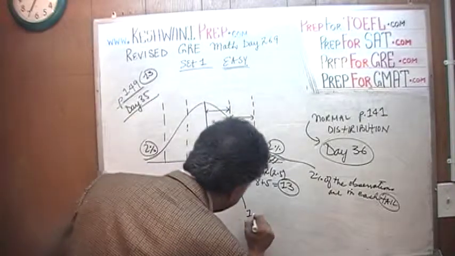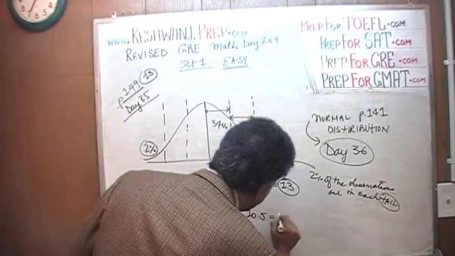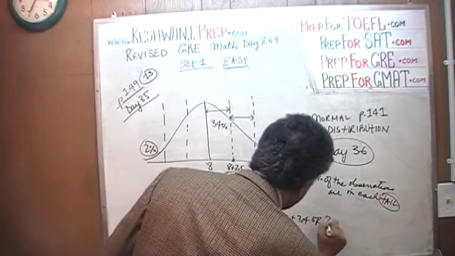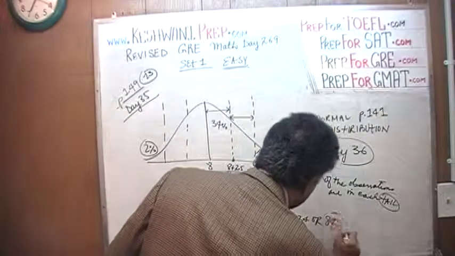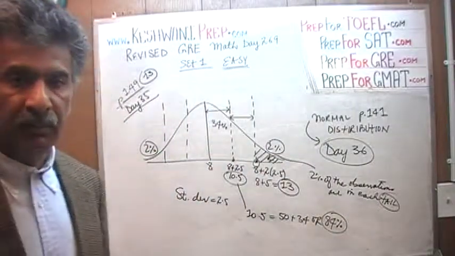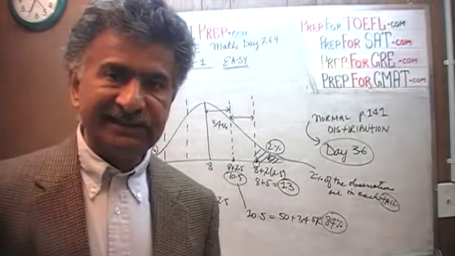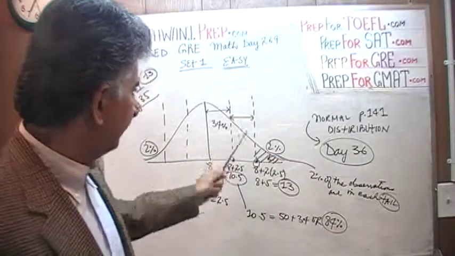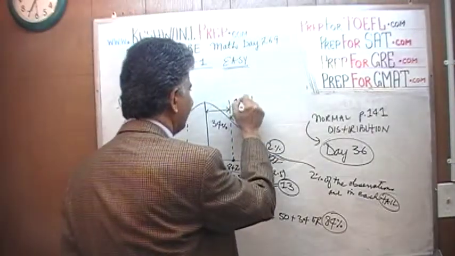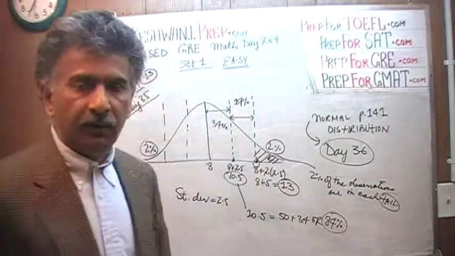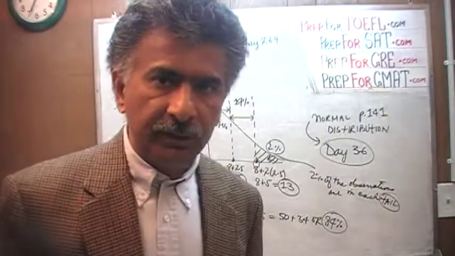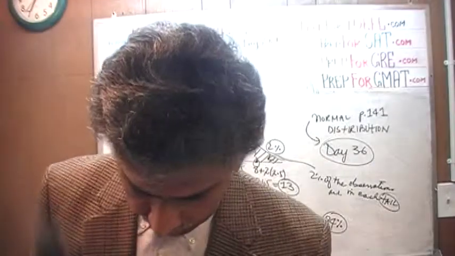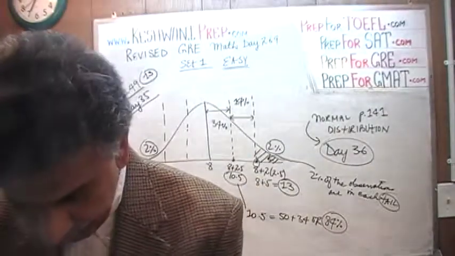So 10.5 means 50 plus 34, or 84% of the people scored below you, and 16% of people managed to score above you, which makes sense because this is 14%. On the second tail we have 14%. And like I said, if you need to go into detail, you can watch day number 36 where we did a thorough job. Right now we're going to move on to the next problem.